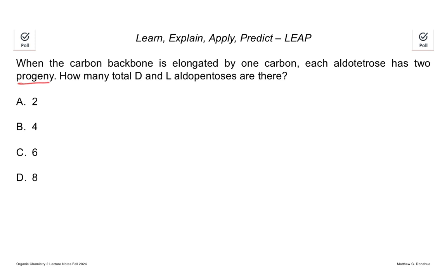So in the tree, as we move up the chain, each sugar is giving birth to 2 progeny. So now we have 3 total stereocenters. So 2 to the 3 gives us what, 8? So for the pentoses, there are 8 stereoisomers.